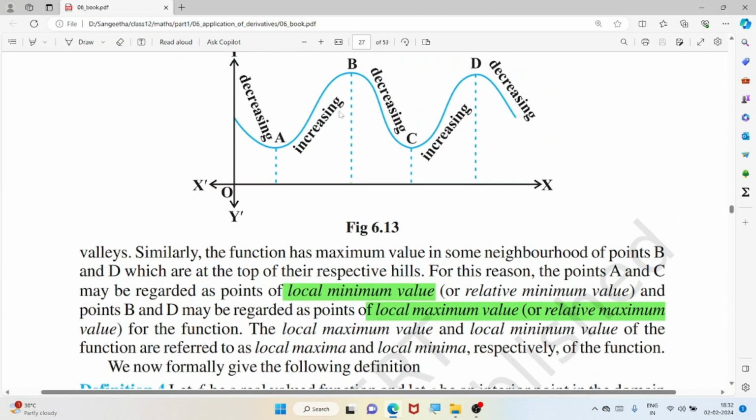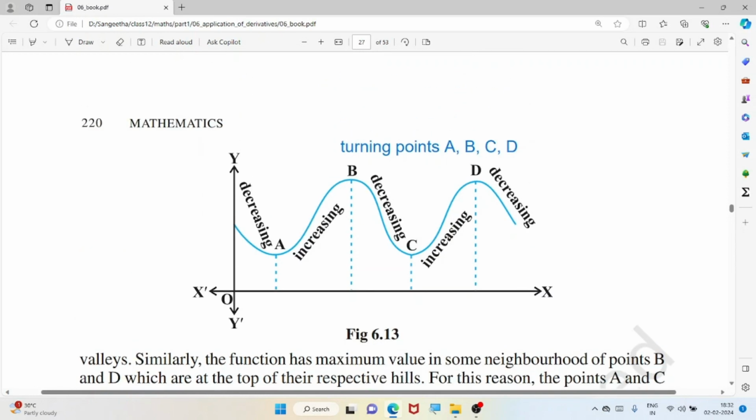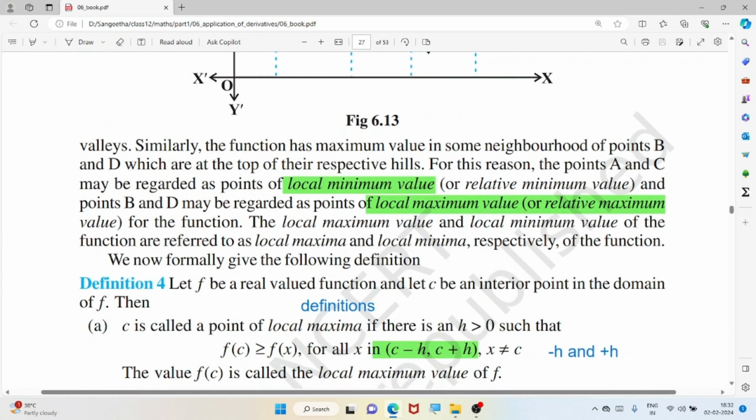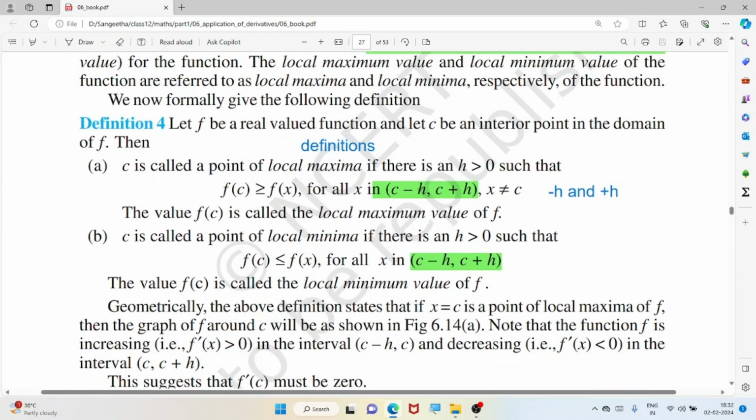So here you can say this is a local maximum and this is a local minimum, not overall. Within some interval, this is a local maximum, local minimum. What is local minimum and what is local maximum, we can read this. So here you should understand the definition of local maxima and local minima.